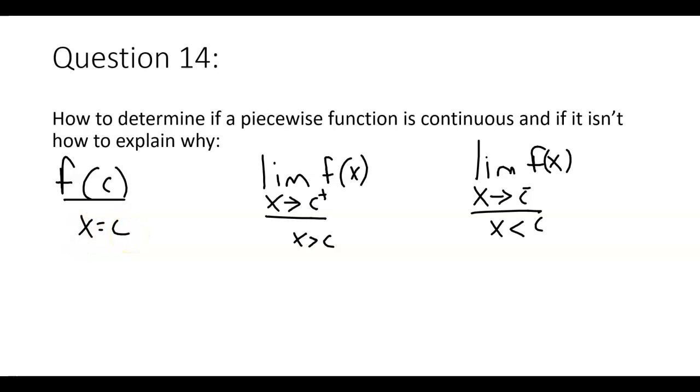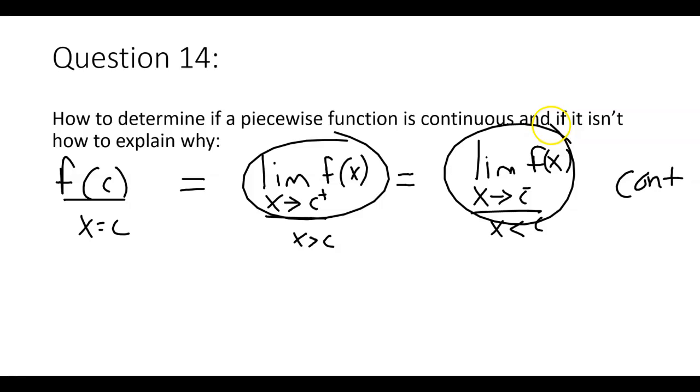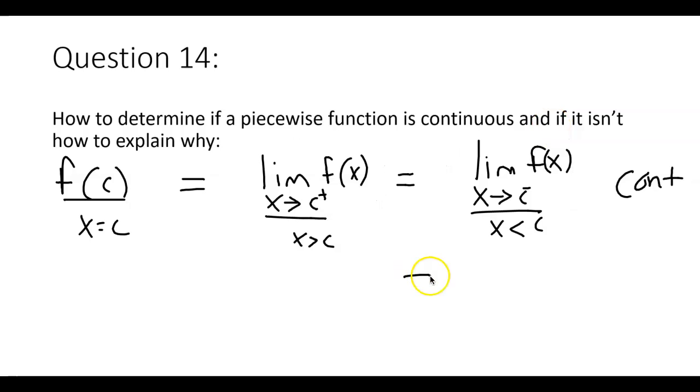Okay, now if you find all 3 of those and they are all the same, then it's continuous. Now, if you ever have a situation where these 2 are not equal, then in that case you would say the limit does not exist.